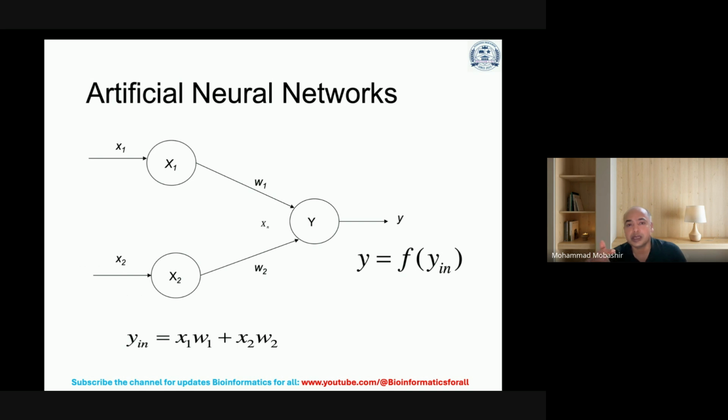For example, here you can see the input is equal to x1, that is the first input here, x1 into the weight w1. Then again for the second node, it will be x2 into the weight of this connection, that is w2. Then there will be a function y equal to f of the input function. Here you can see this mathematical equation.